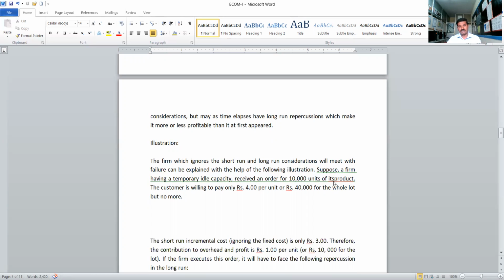Suppose a firm having temporary idle capacity received an order for 10,000 units of its product. The customer is willing to pay only rupees 4 per unit, or rupees 40,000 for the whole lot, but no more.